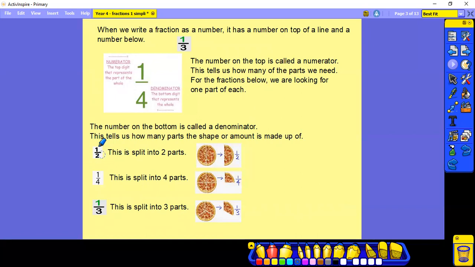So here you can see that when it's a half, it's split into 2 parts. We only want one of those. When it's a quarter, the pizza is split into 4 parts, and we only want one of those 4 parts, a quarter. And when it's a third, it's split into 3 parts, and again, we only want one of those, a third.